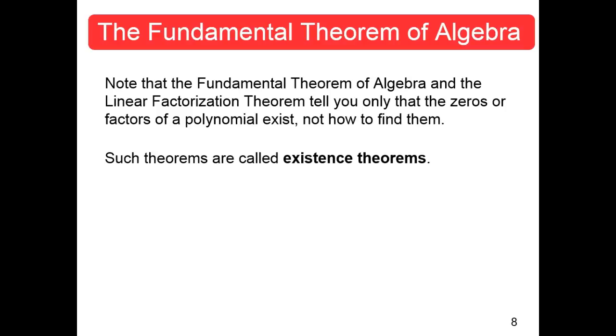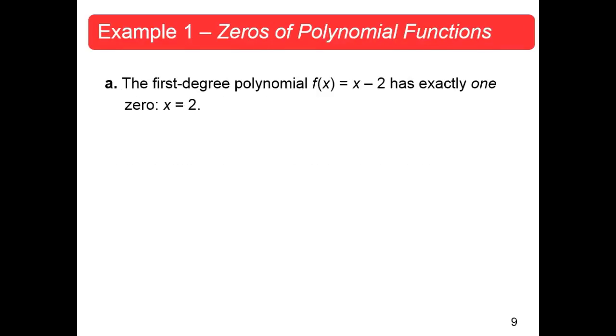They don't tell you how to find them. That's up to you. These are called existence theorems, and those are usually pretty hard to prove. Finding them, though, can sometimes be a little difficult as well. But that's what we're going to do, basically, the rest of this section. All right. So here's the first degree polynomial. What does that tell us?